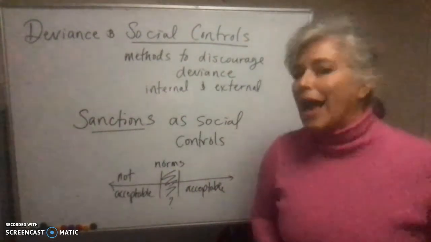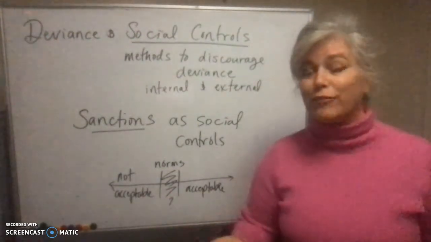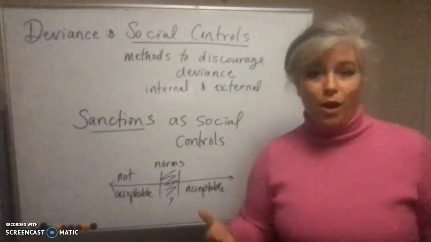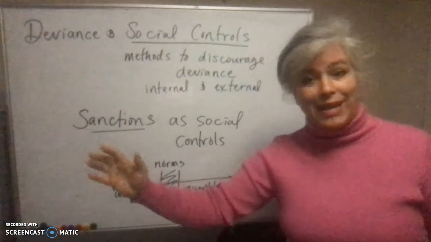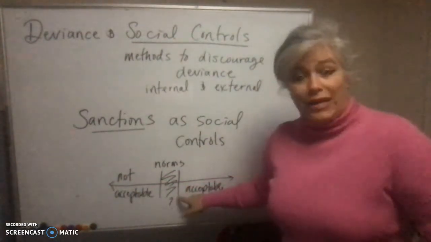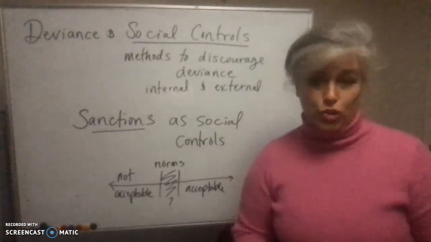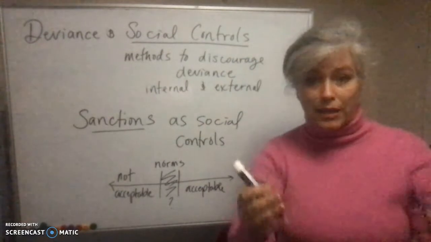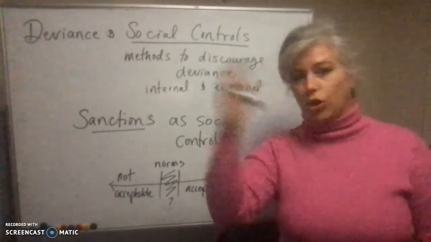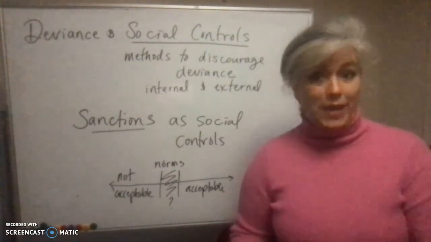Now, not every single behavior is part of every single society. Remember, culture is different from one place to the next. Norms are different from one place to the next. So how do we know if a behavior in one place is going to be acceptable in this place? Well, you can try it out and see what the sanction is. So for instance, there are many cultures, I know some of you are culinary and hospitality students, there are many cultures all over the world, from Asia to Europe and the Southern Hemisphere too, that eat horse meat.